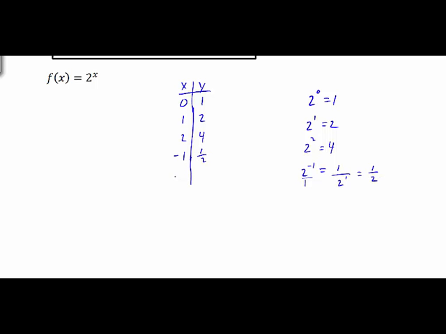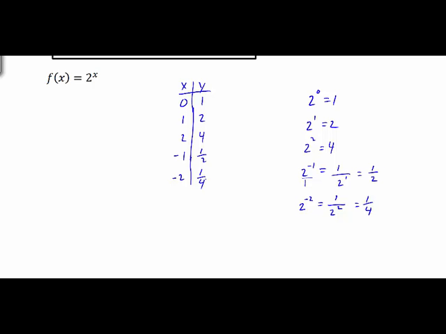Then, of course, if we let x equal negative 2, we would do the same thing. We would have 2 to the negative 2, and we want to make the exponent positive, so we're going to move that to the bottom, and we would have 2 to the positive second power, and 2 squared is simply 4, so we would have 1/4.